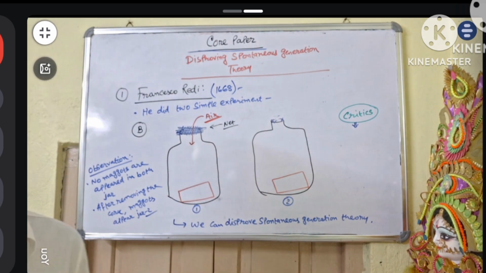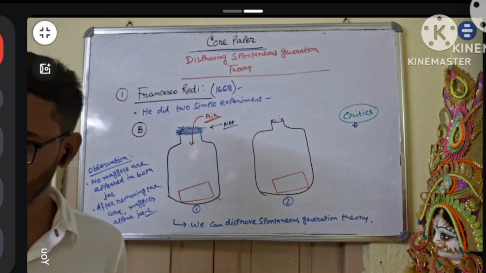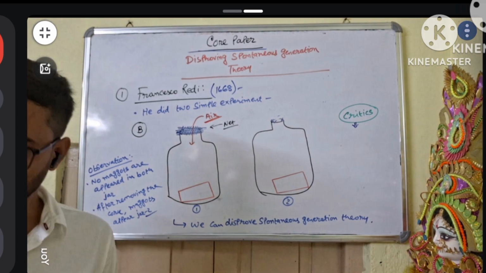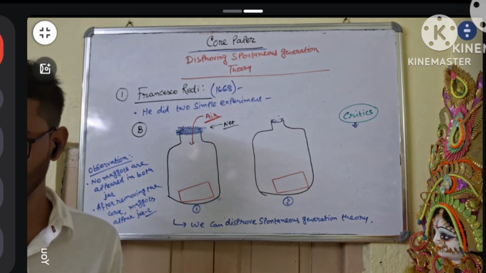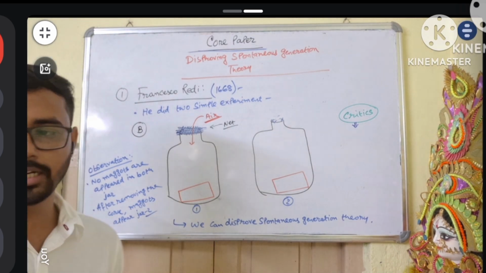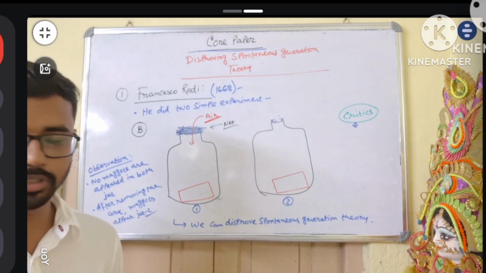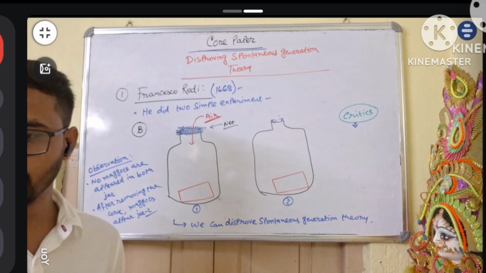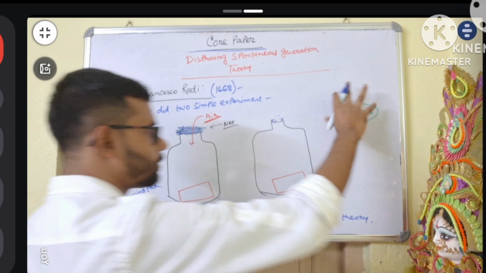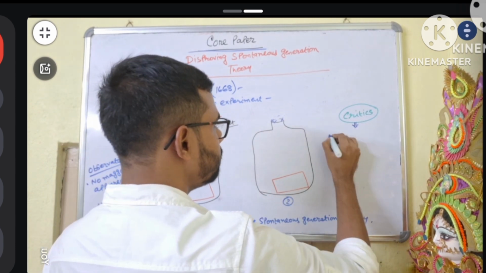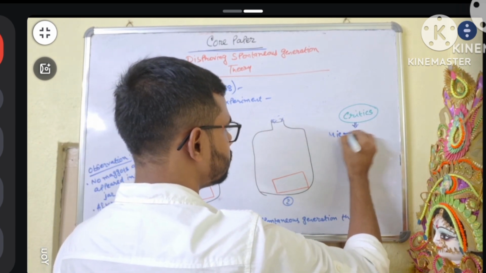What about small organisms? Small organisms can appear spontaneously easily because small organisms are actually unicellular, the majority are unicellular and very simple in structure. So the second group of critics questioned the microorganisms.